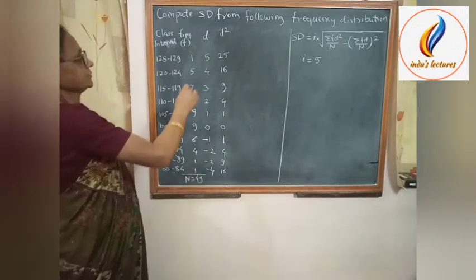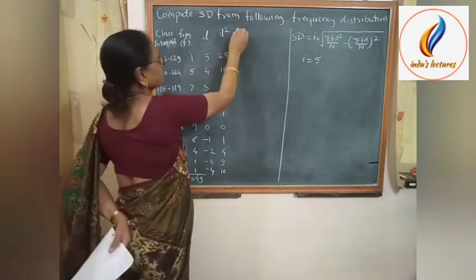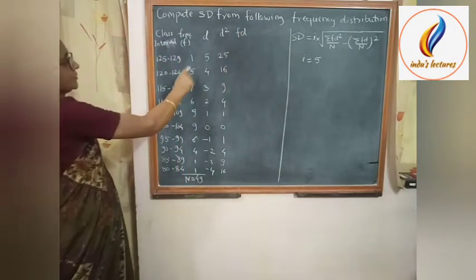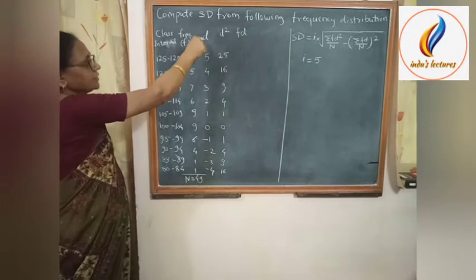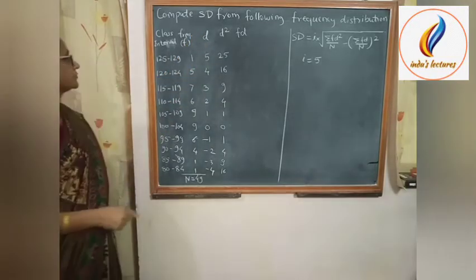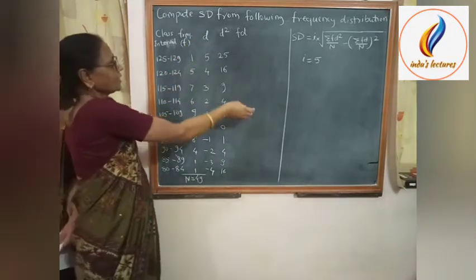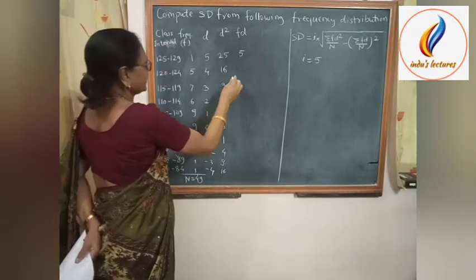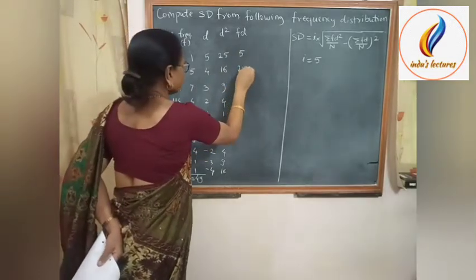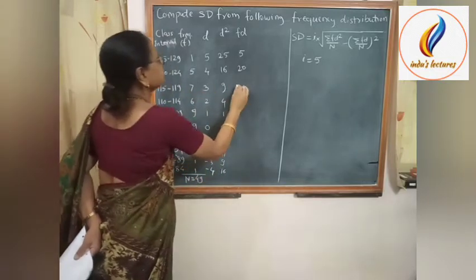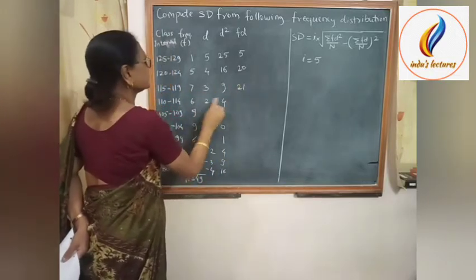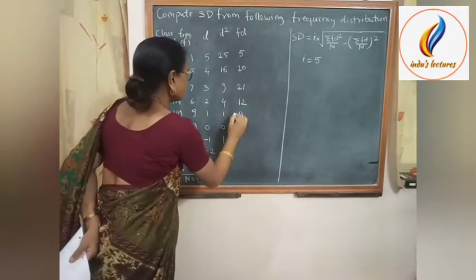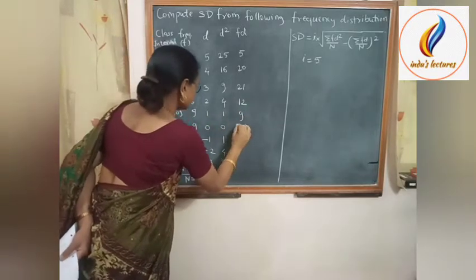Now again prepare the column as fd. fd means the product of frequency and corresponding deviation. So 1 into 5 is equal to 5, 5 into 4 is equal to 20, 7 into 3 is 21, 6 into 2 is 12, 9 into 1 is equal to 9, and 9 into 0 is equal to 0.